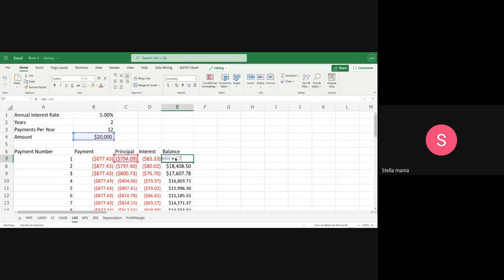And then for the balance, we just add the amount plus the principal. The principal, as you can see, is in red and in brackets. In accounting, that automatically shows that it's a negative. So in accounting, we don't keep writing the negative sign. We just put it in brackets, and it automatically knows that that is supposed to be a negative value.